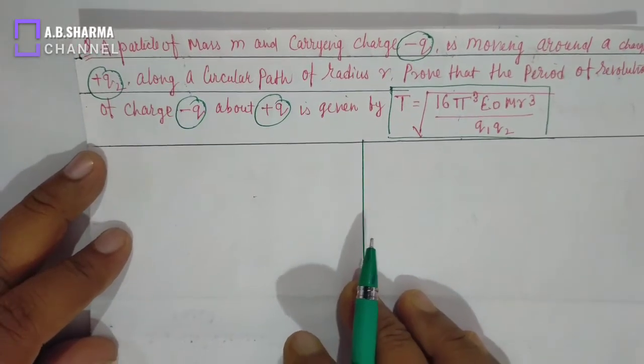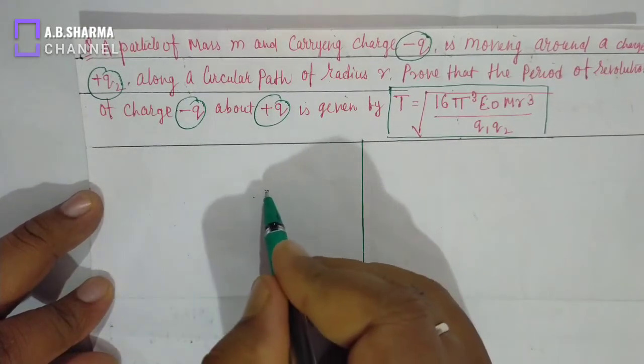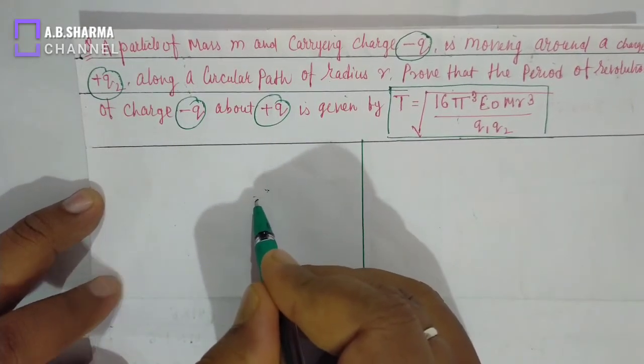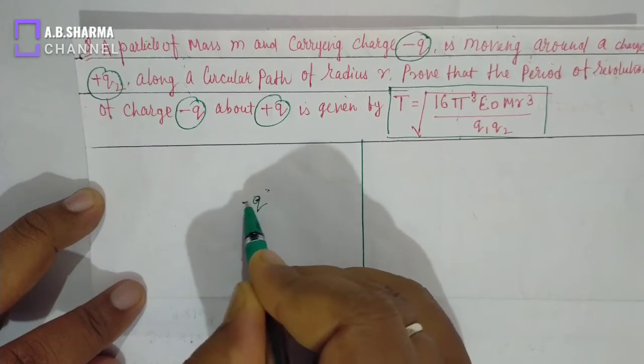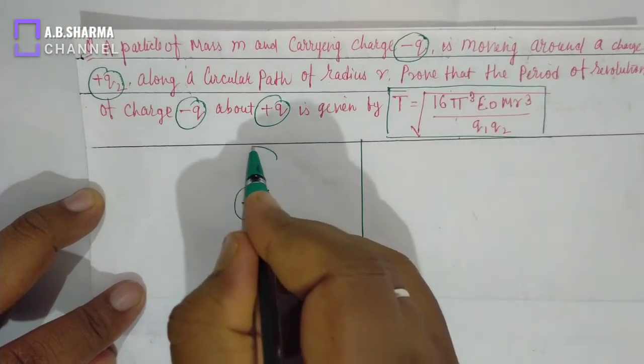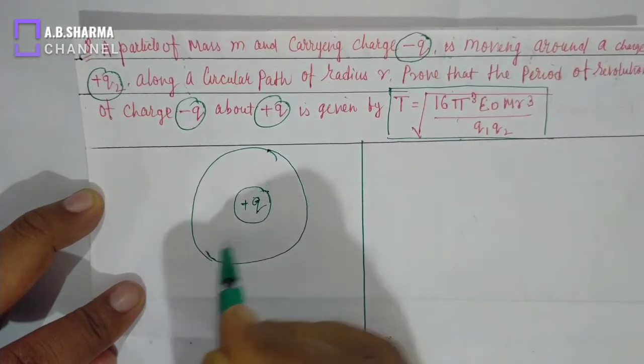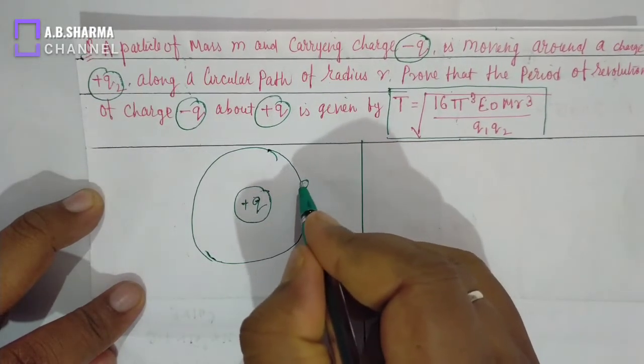So let us start. According to the question, there is a charge plus q in the center and the charge is revolving around it, and the magnitude of this charge is minus q.